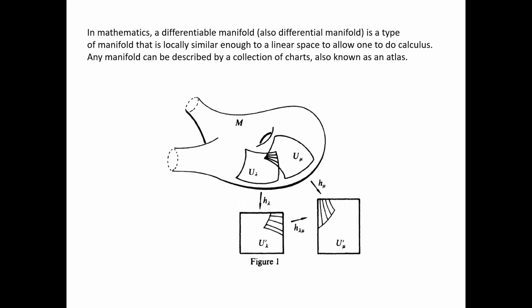As we said, this is called a manifold, and it is going to be called a differentiable manifold when, you know, this is your Cartesian space, so this is just the x and y axes, with your simple 90-degree angle.